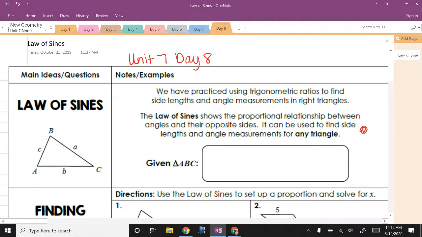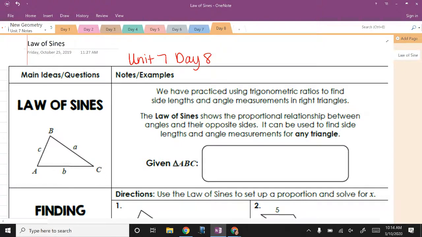Okay. Unit 7, Day 8. We're going to learn about something today called the law of sines. So, obviously, we're going to use sines for the law of sines. Now, let's just talk about stuff within a triangle. Angles are named with capital letters, and the sides are named with lowercase letters.